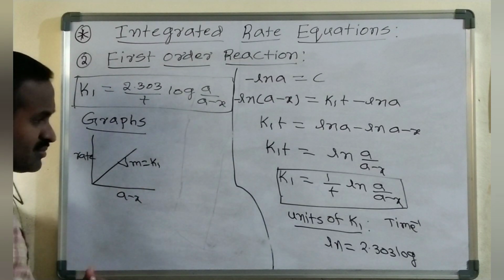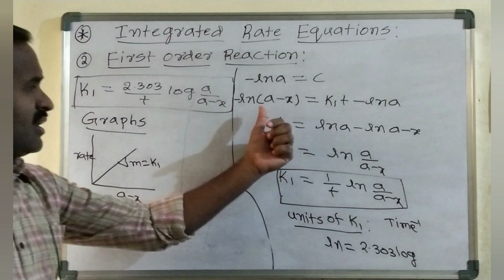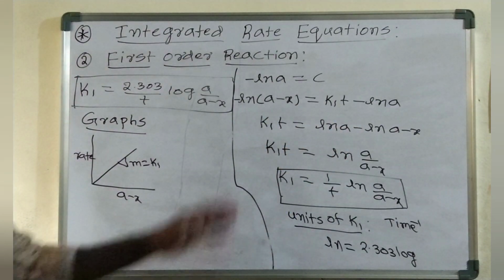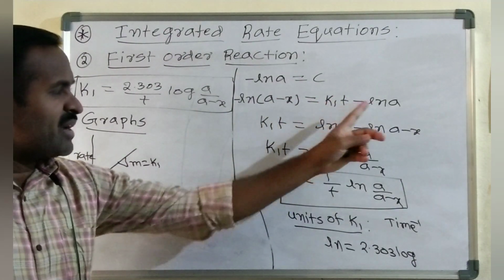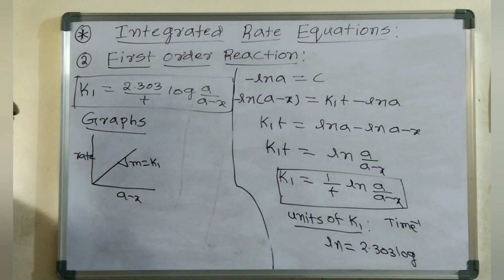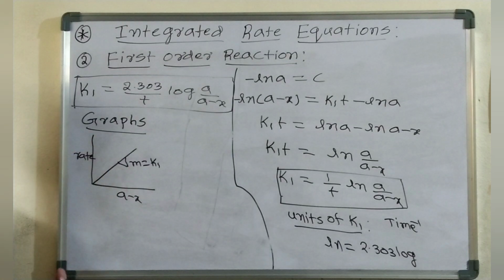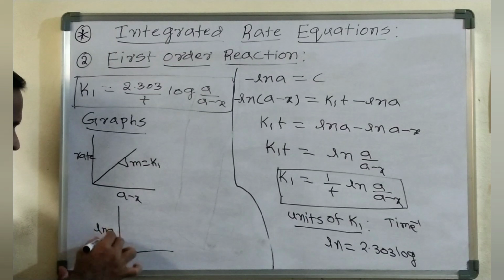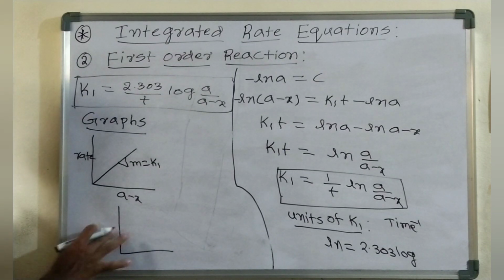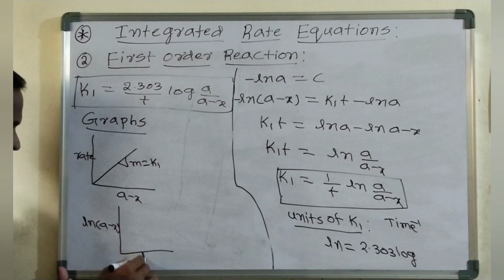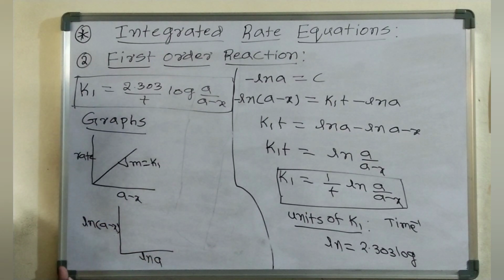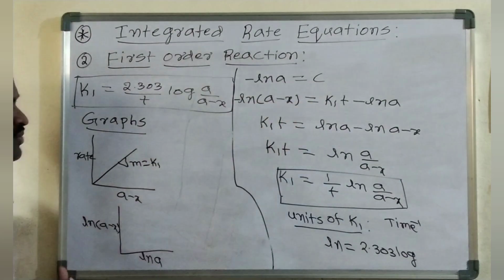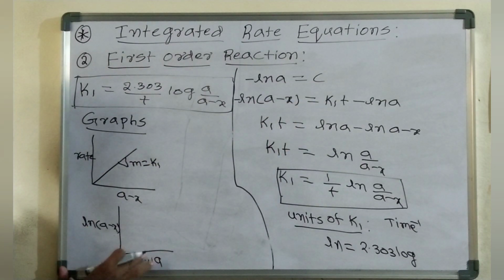In the same way, you can take this as y = mx + c, with the whole equation multiplied by a minus, so that you get ln(a - x) on the y axis, versus time on the x axis.